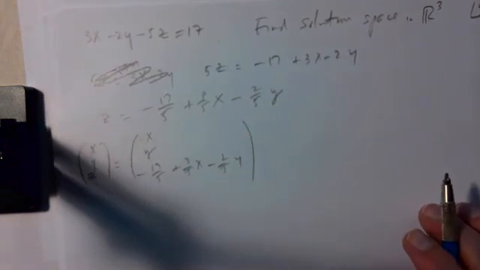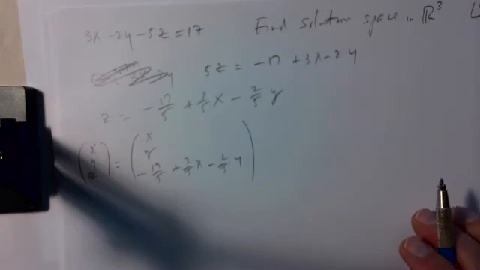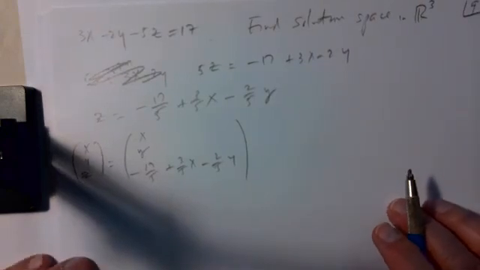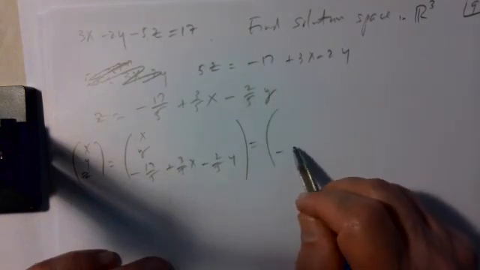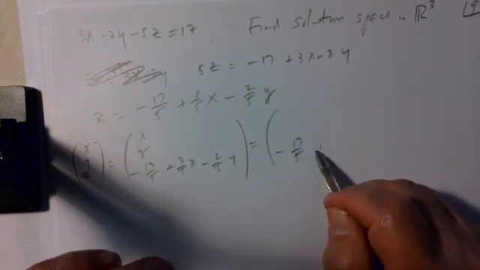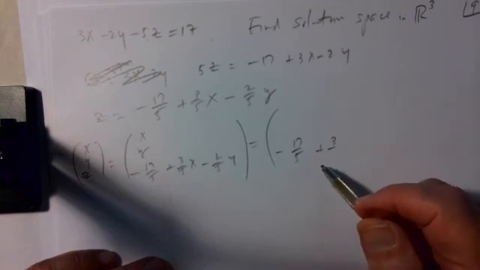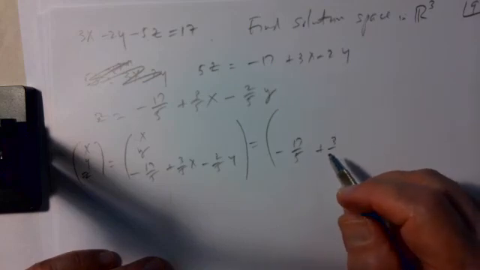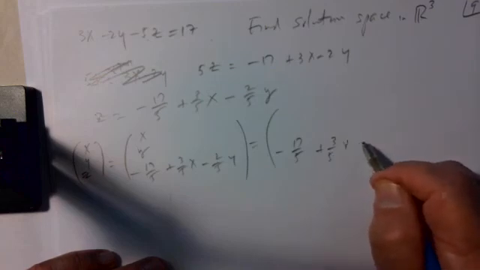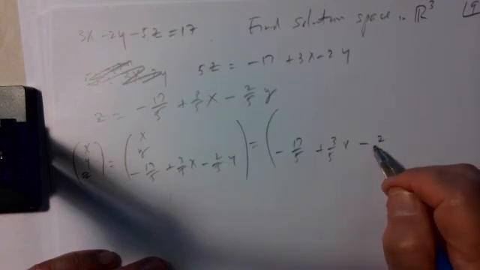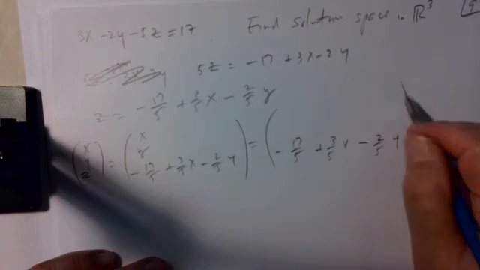And I'd like to get this solution space as what's called a linear combination of vectors. Let me write it like this. Here I have minus 17 over 5 plus 3 over 5 x, minus 2 over 5 y.